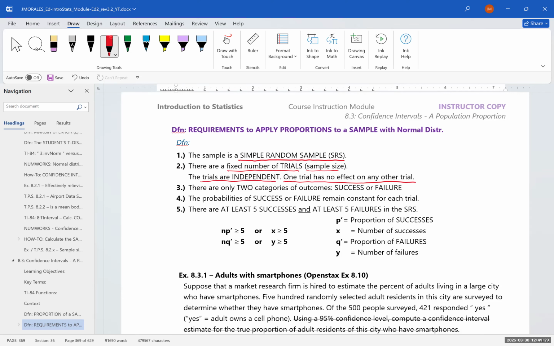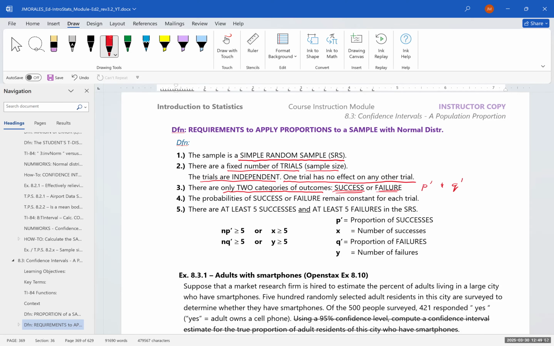In order to have a true proportion, we can only have two categories of outcomes, either success or failure, right? Because then that's going to be our P prime and our Q prime. The probabilities of success or failure remain constant for each trial.